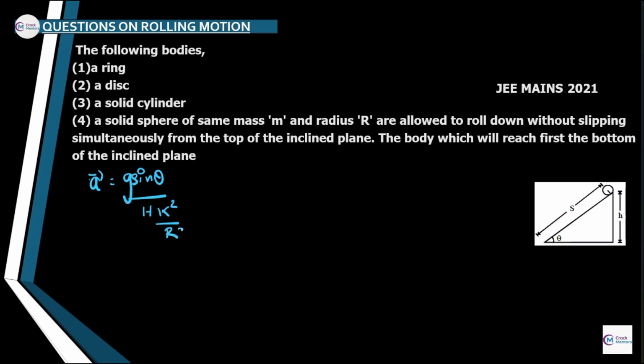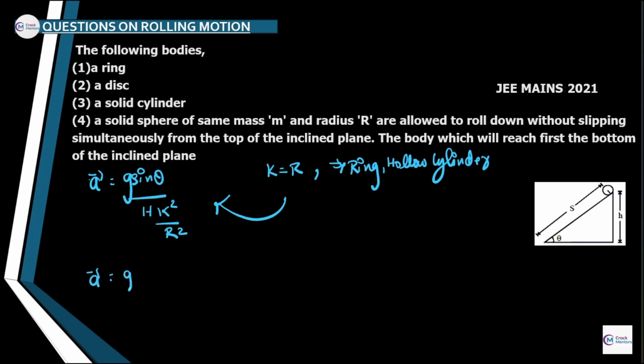K's are for both of the bodies, like ring and hollow cylinder. If I put this in this formula, then the acceleration is going to be g. There is one more thing that I want to mention.